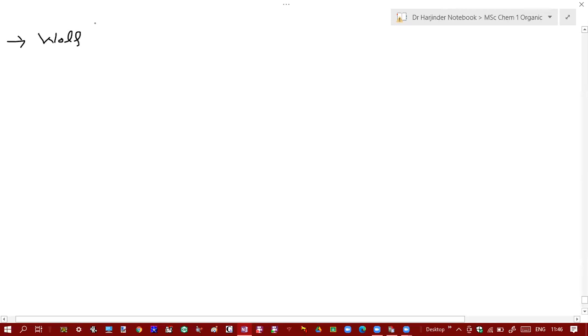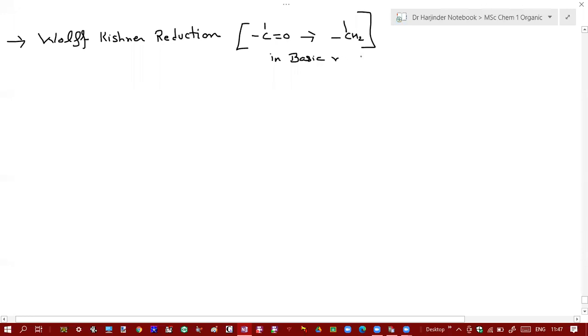Wolff-Kishner reduction. Now in this reduction, again the carbonyl group is reduced, but in basic medium.